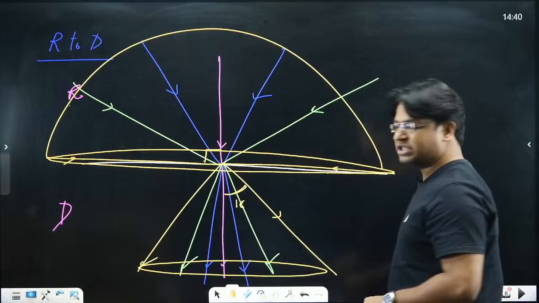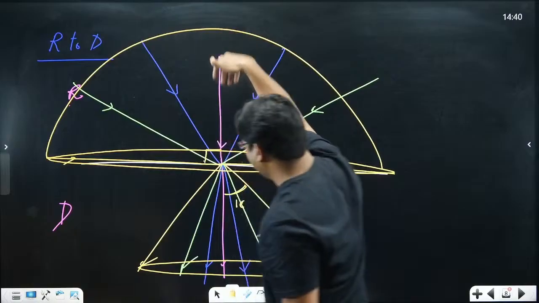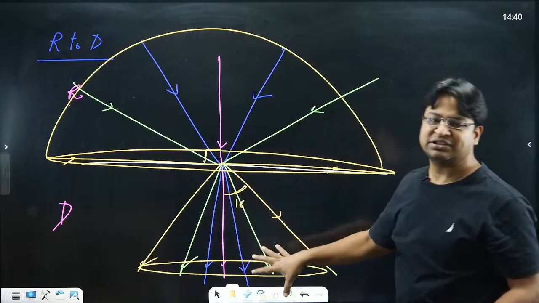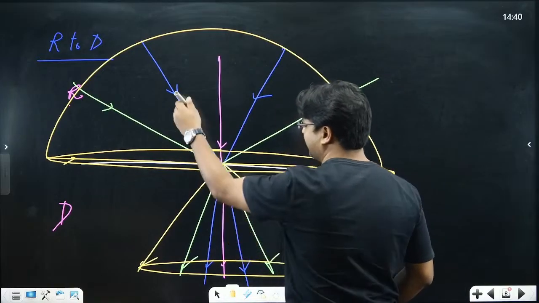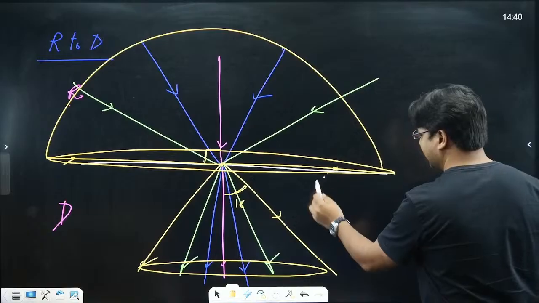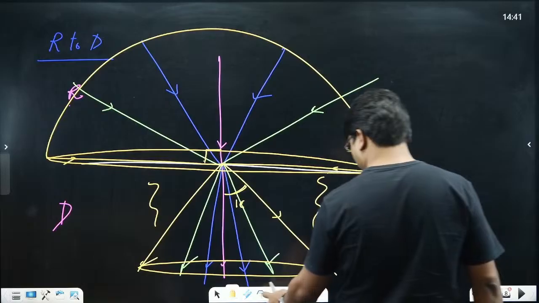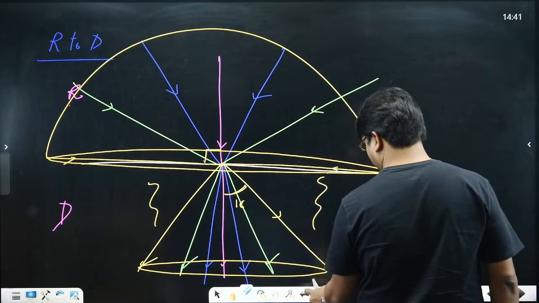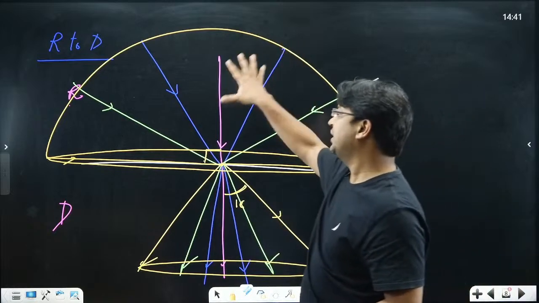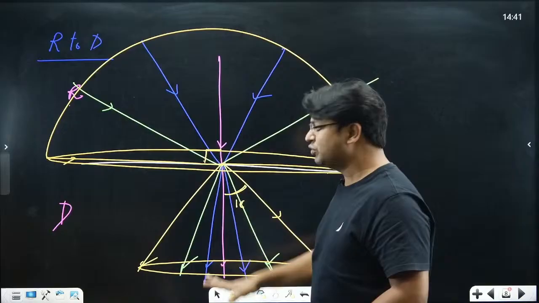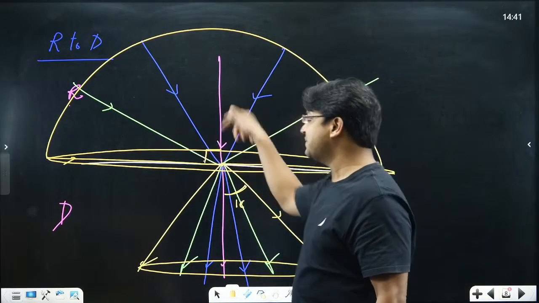That means it transforms into a cone. You are allowed to send light rays from anywhere, and when it enters into the second region, it confines itself to this cone. So you can't have any light energy in this region, but it will definitely enter into the second medium. Whenever we are sending light from rarer medium into denser medium, it is bound to enter into the medium. There is no restriction on that, and the hemisphere maps into a cone.